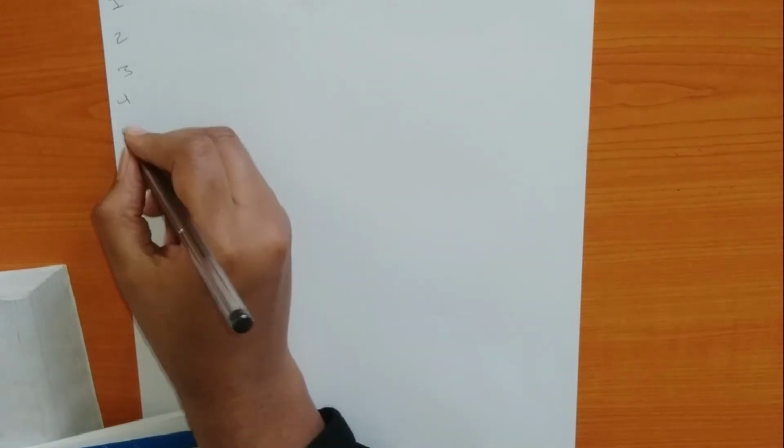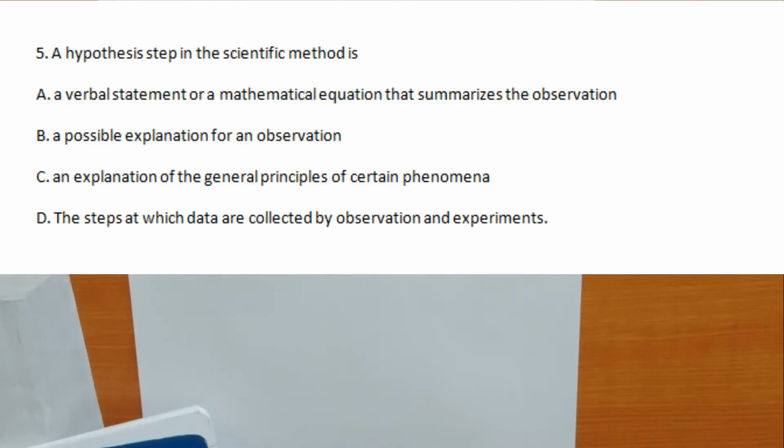Investigation involving experiments and observation to acquire new knowledge, solve problems, and answer questions. Number 5. A hypothesis stated in the scientific method is dash. A. A verbal statement or a mathematical equation that summarizes the observations. B. A possible explanation for an observation.